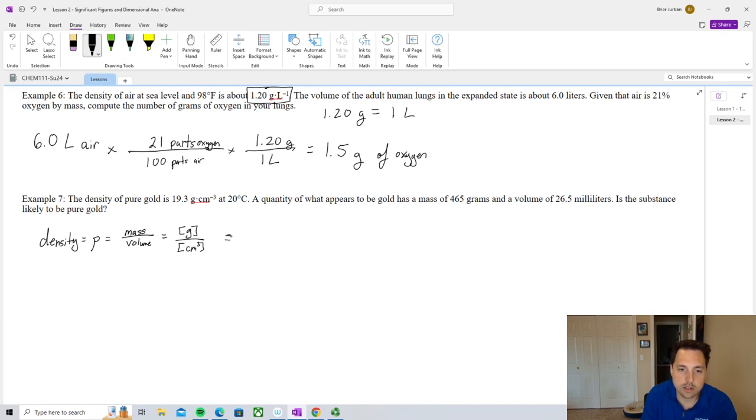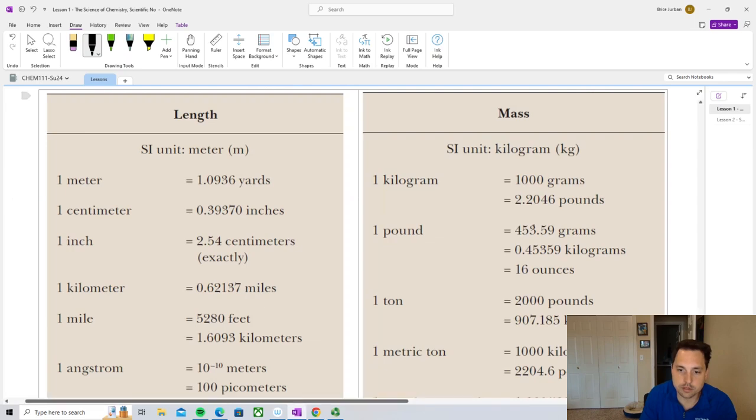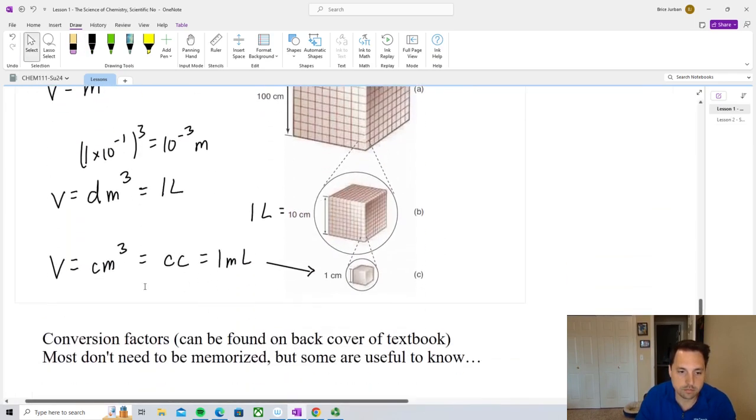And so here I can take my mass here, 465 grams. I can divide it by my volume, 26.5 milliliters. Well, let's see here. So 26.5 milliliters, that's equivalent to 26.5 cubic centimeters. We can see that right here. So 1 milliliter is 1 cubic centimeter.